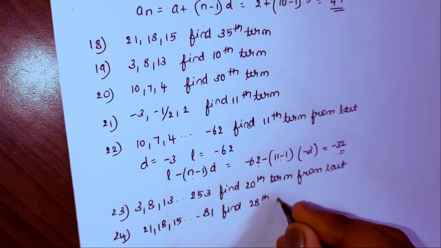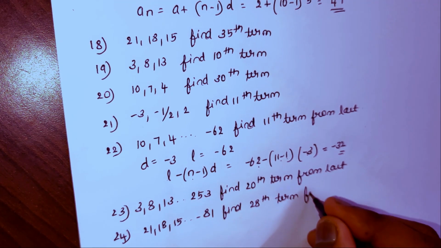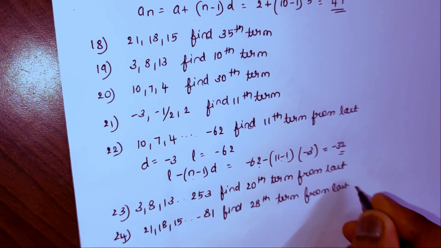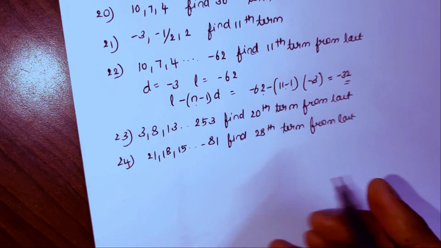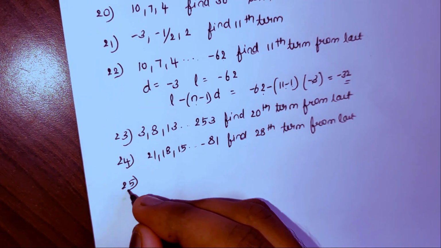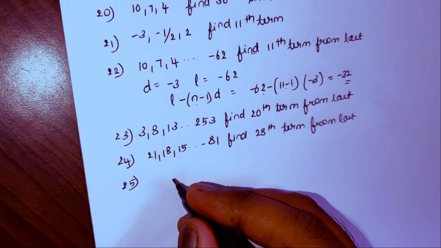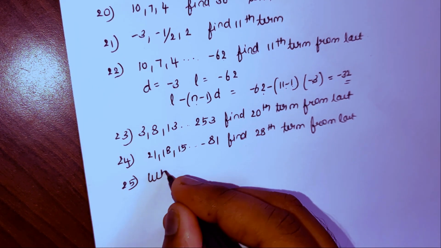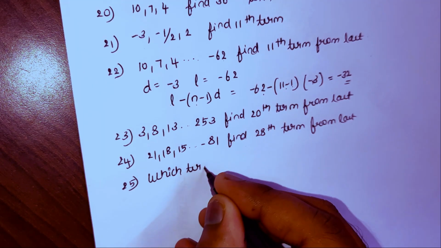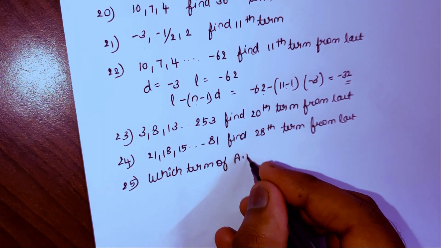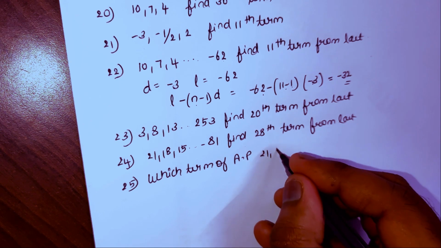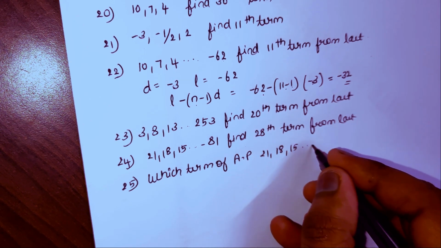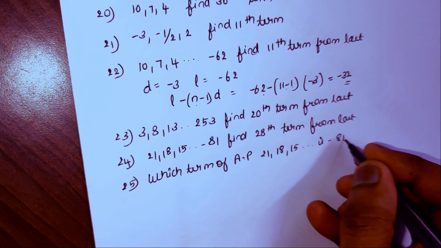Find 28th term. 25th one. Which term of the arithmetic progression 21, 18, 15 is minus 81?